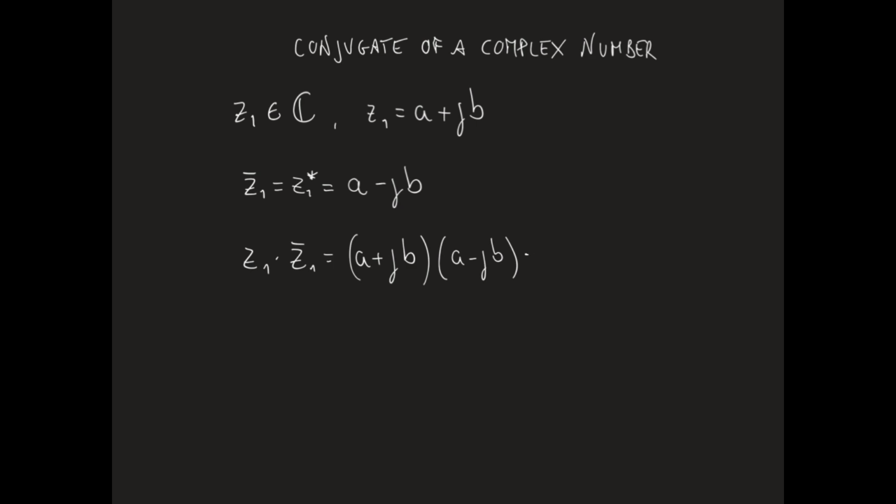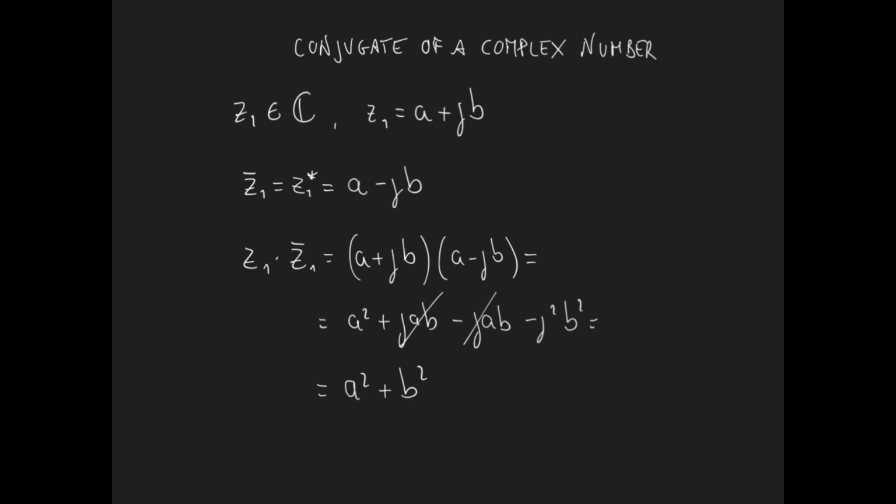which is equal to a squared plus jab minus jab minus j squared b squared, which eventually gives a squared plus b squared.